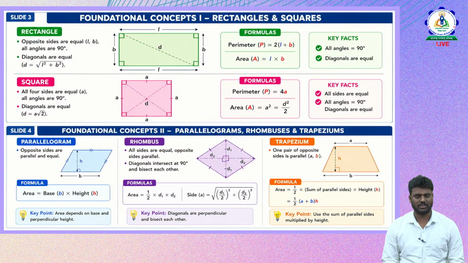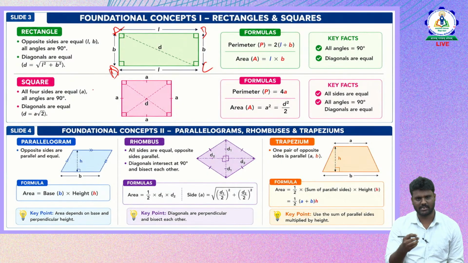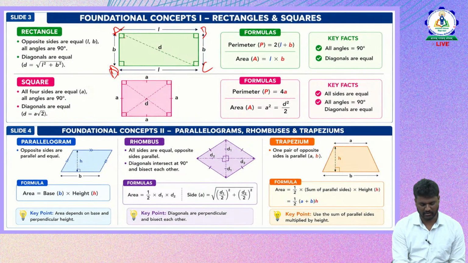So the first one is the rectangle. If you remember the properties of the rectangle, in a rectangle opposite sides are equal. Suppose you see the rectangle ABCD, where AB and CD are opposite sides, so AB is equal to CD. If the length of AB is L, the length of CD will also be L. All the angles are equal in a rectangle, 90 degrees.